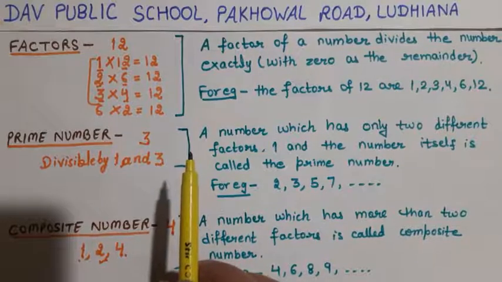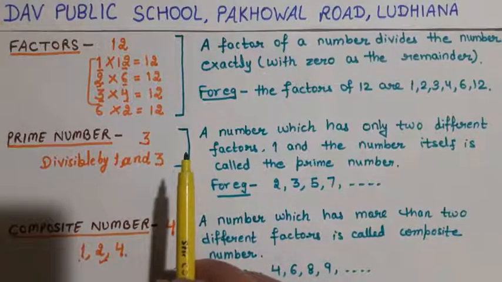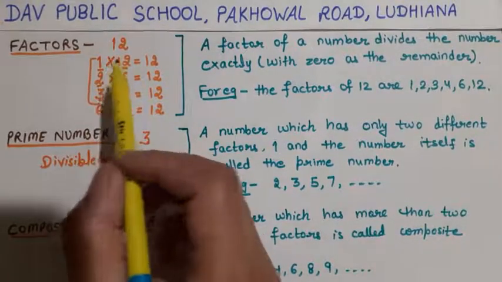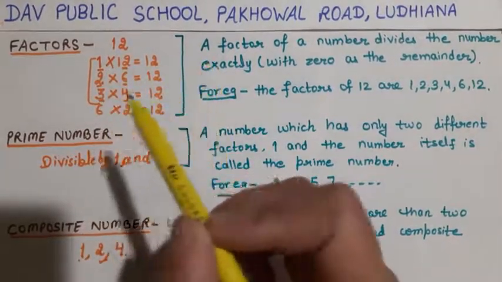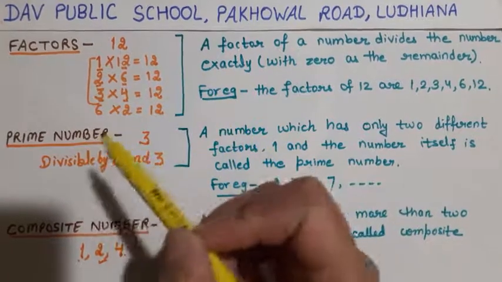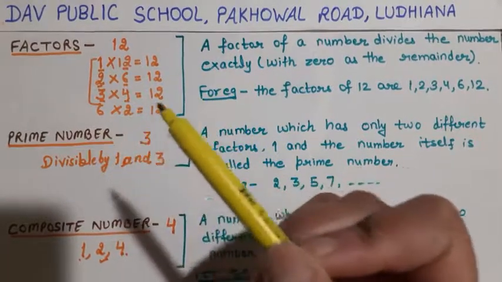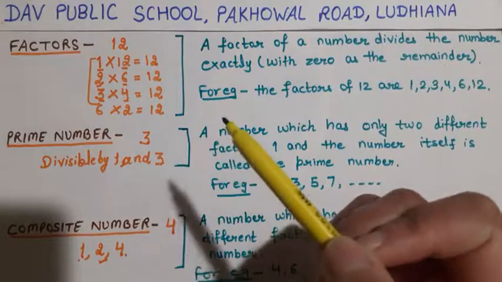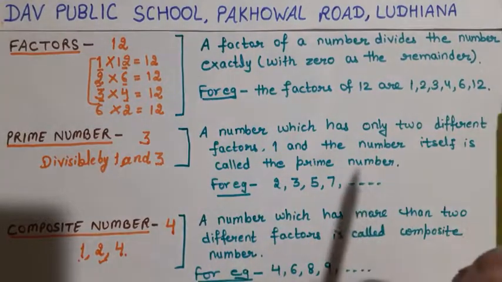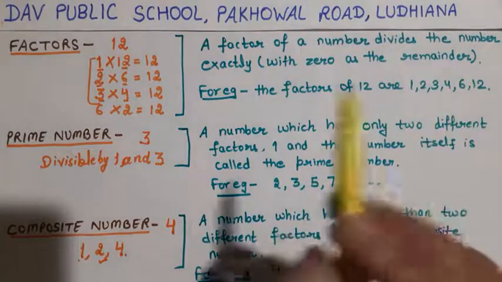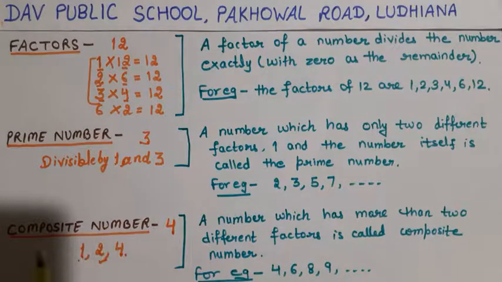That is, each number comes in the table of 1, right? That is 12 1s are 12, or 6 1s are 6, or 5 1s are 5. It means 1 is a factor of every number, right? In a similar way, every number is a factor of itself.